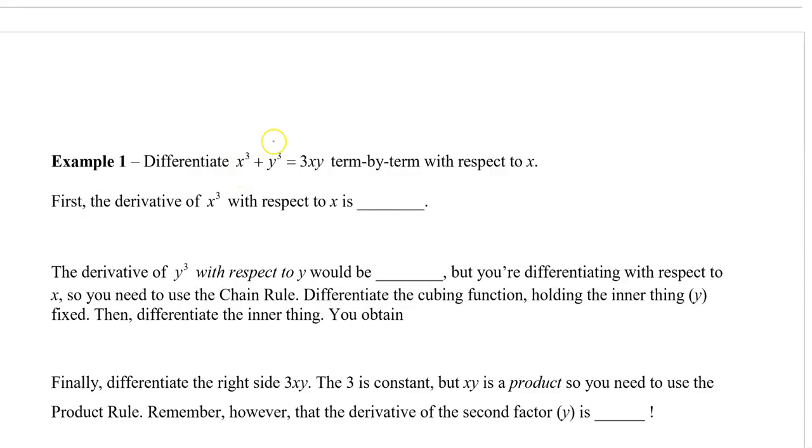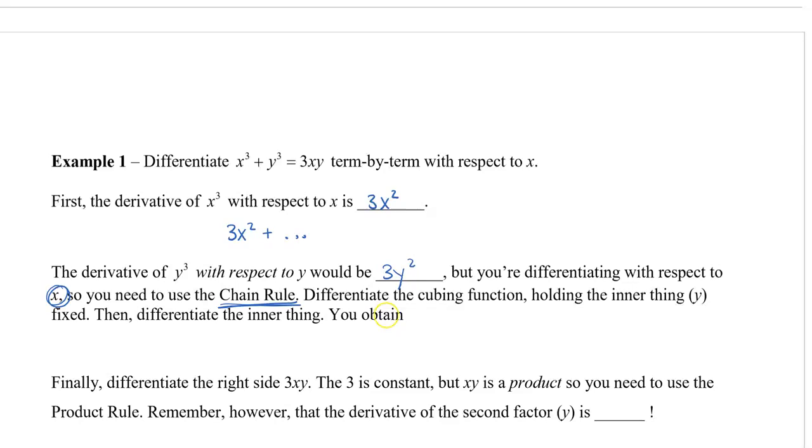So the derivative of x cubed is 3x squared. Okay, so far we have 3x squared plus. Now the derivative of y cubed with respect to y would be 3y squared. But you're differentiating with respect to x, so you need to use the chain rule.